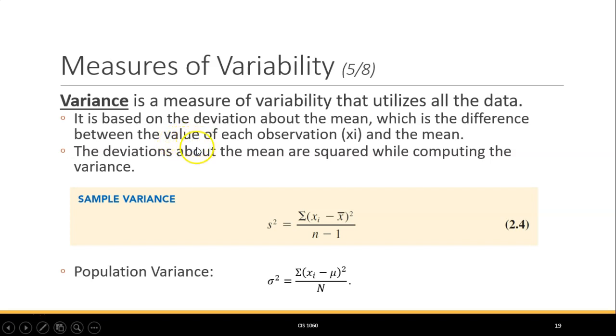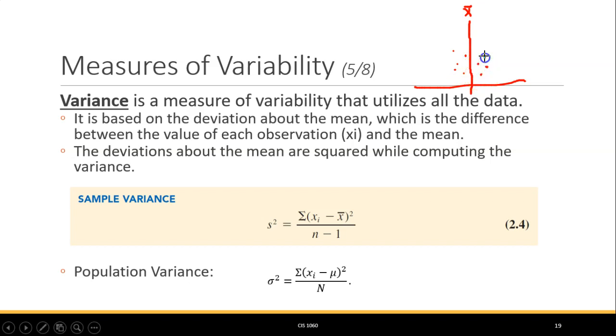Variance is a measure of variability that looks at all of the data. Basically what happens is as we look at an average, let's say that this line represents an average value of all of the data. So this is X bar. We find some measures end up on the left side of that line.